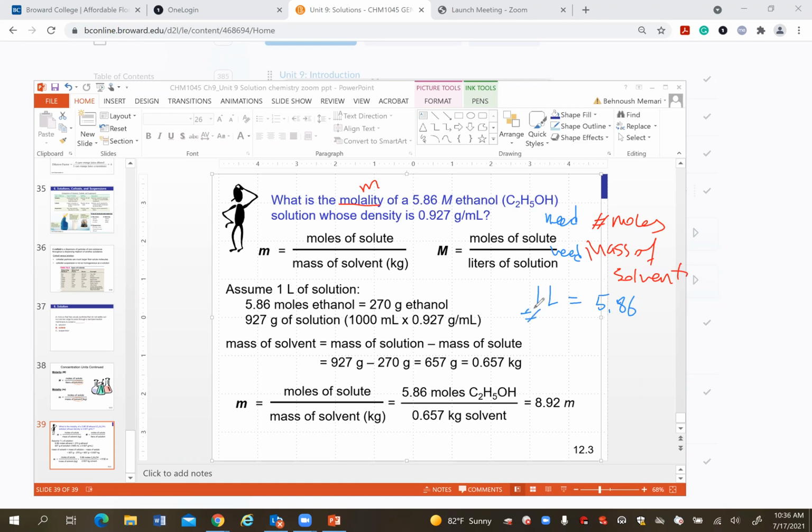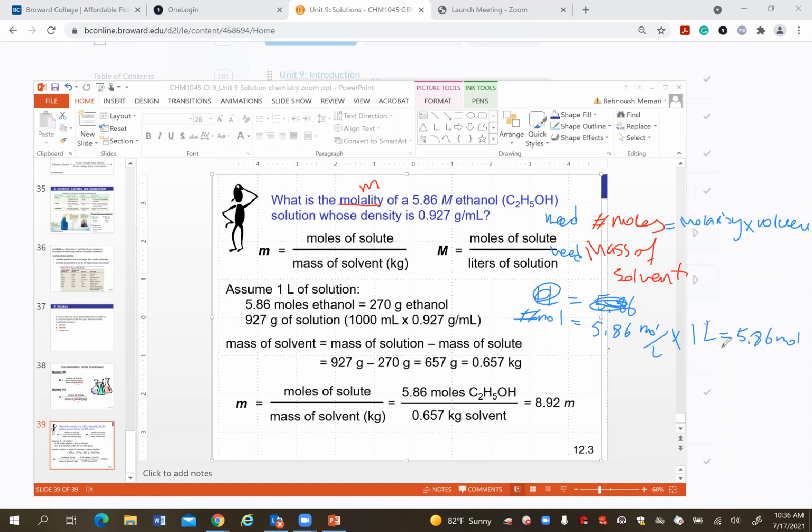Since you said the formula correctly, I'm going to use that. Number of moles equals 5.86 molarity, which is moles per liter, times 1 liter, which is the volume. So the number of moles equals molarity times volume, and it's going to be 5.86 moles.